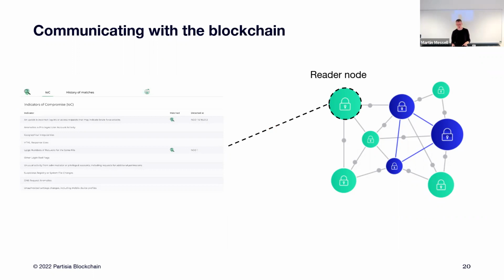You could communicate with a reader node, where the reader node will provide the entire blockchain state to you. So you can fetch the state from that reader node, but doing this, you are putting all your eggs in one basket, so to say. You're trusting this reader node.